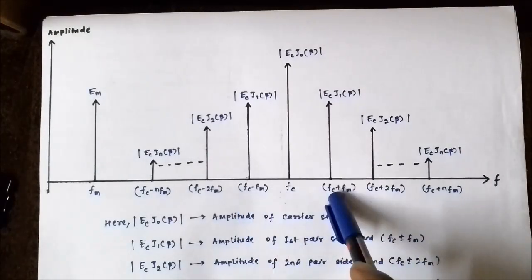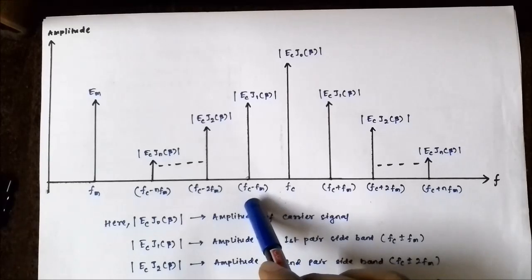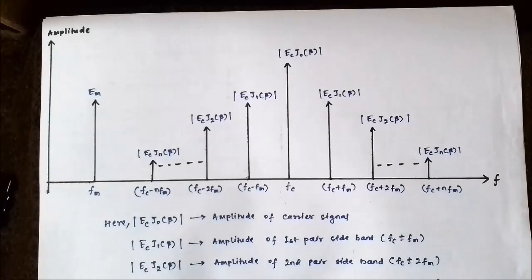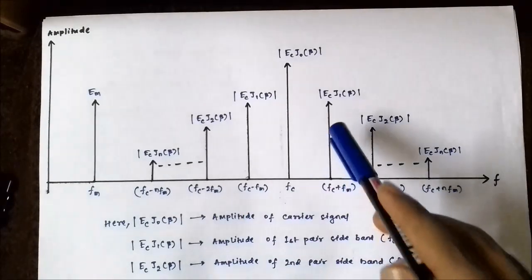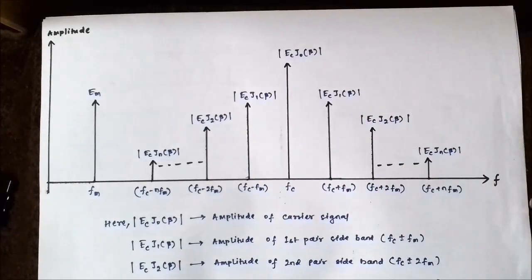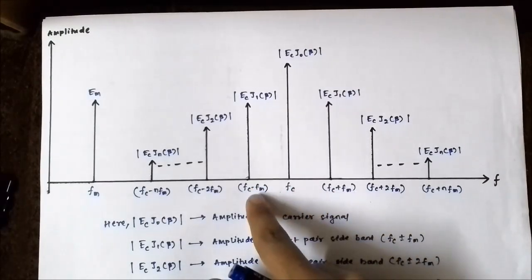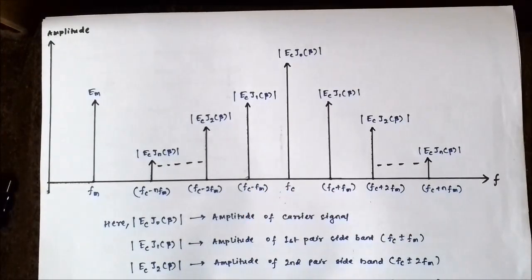On its either side we have Fc plus Fm and Fc minus Fm, having amplitudes of E_c J1(beta) respectively. So if you calculate the bandwidth here, (Fc plus Fm) minus (Fc minus Fm), we get 2Fm.